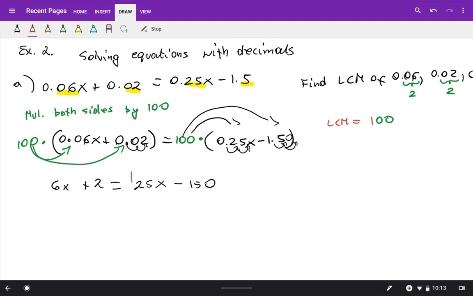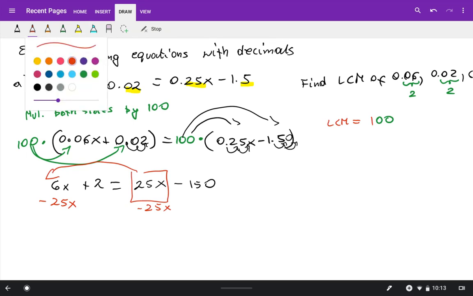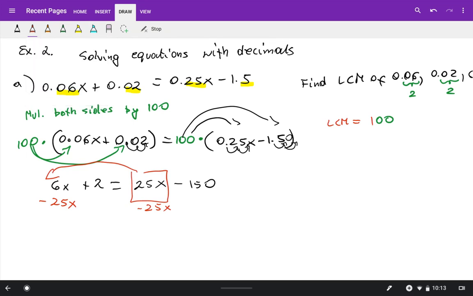So I'm going to move 25x to the left side. Since it's positive, I'm going to subtract 25x. So we have 6x minus 25x. Okay, that will give us negative 19x plus 2. Here the 25x cancels, we have negative 150. Next, positive 2 needs to be moved to the right side of the equation.